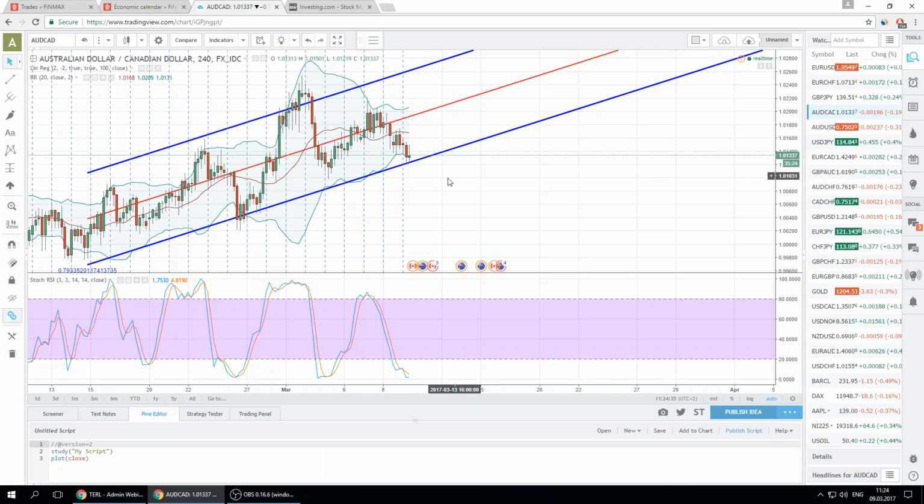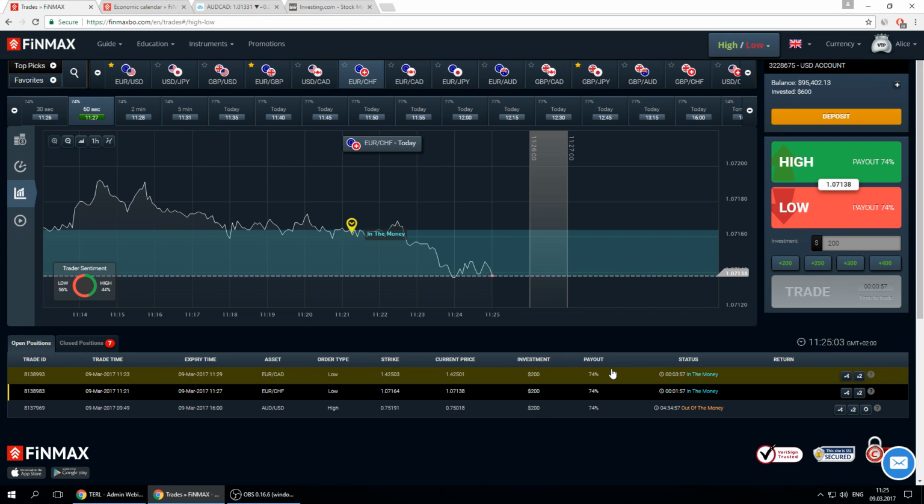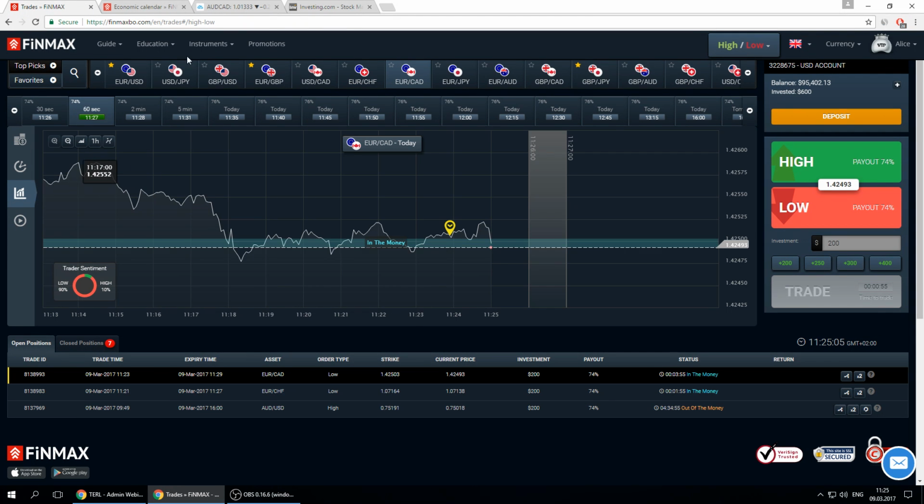Here we see the Australian dollar to Canadian going down. Here we see the trend line, and it's better to wait till this candle closes, so for 35 minutes, and after that make an analysis one more time, and only after that enter the trade. Okay, let's check. In the money, out of money, in the money too. Okay.